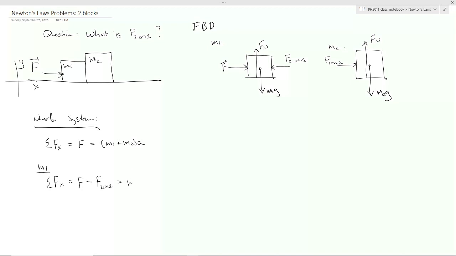That's going to equal mass 1 times its acceleration.